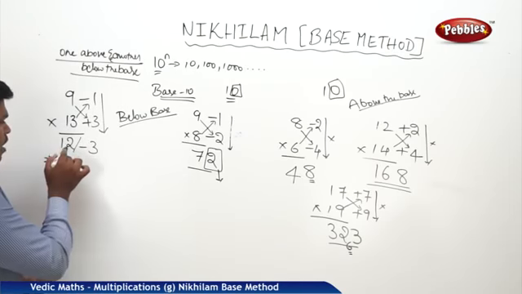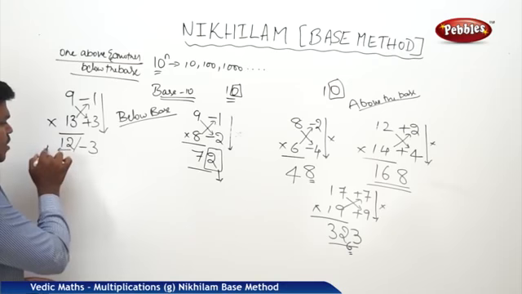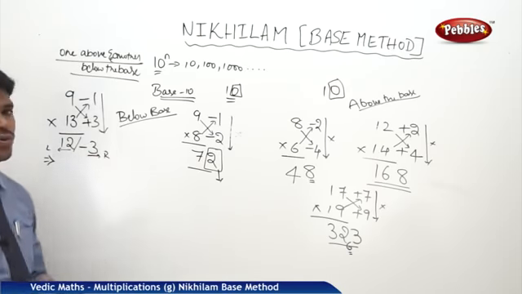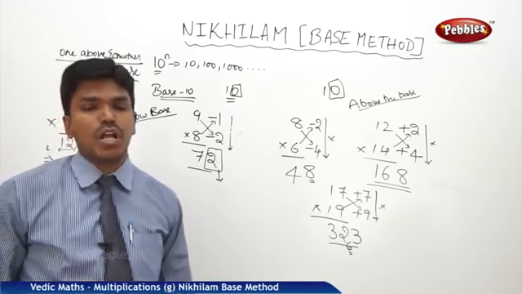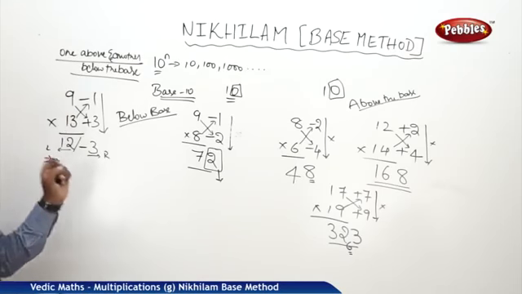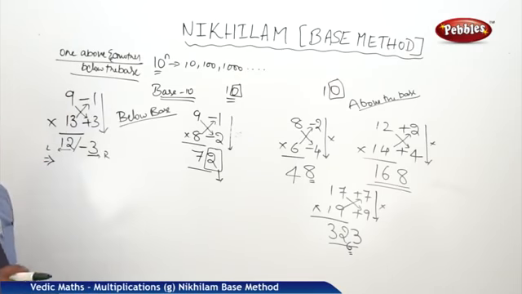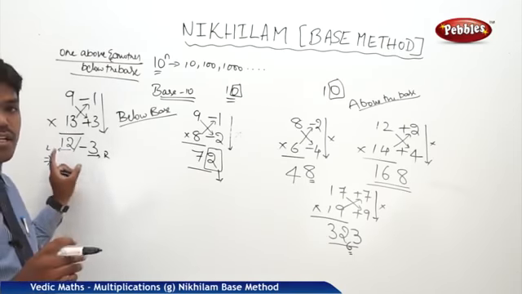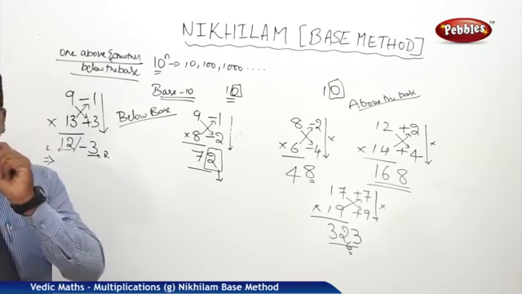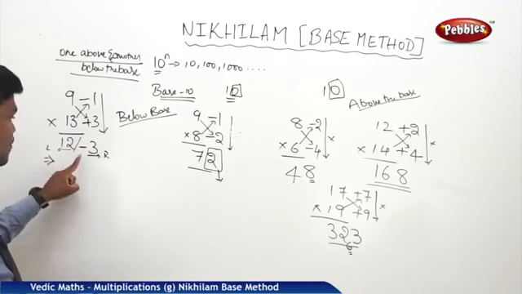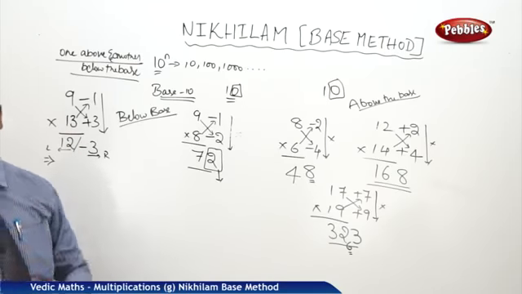See here, the left side part of the answer we are going to get is 12, and the right side part we got is minus 3. How to get the final output? To get the final output, you need to apply one rule. Since we got a minus symbol in the answer, the left side part of the answer should be decreased by 1.